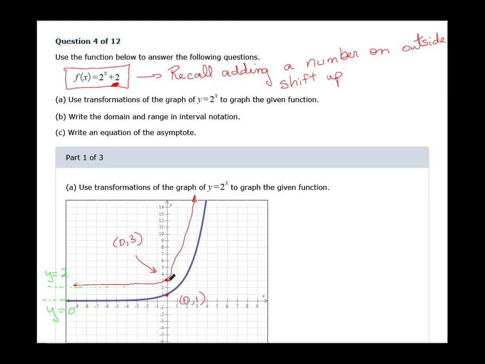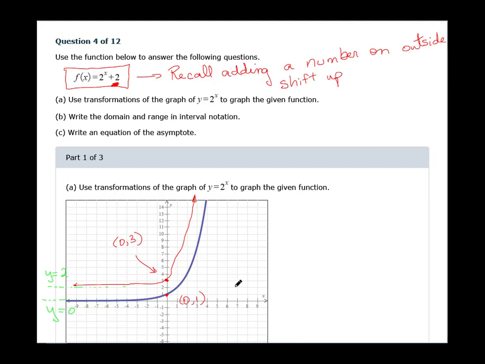The important thing is the old asymptote was y equals 0. Now it's moved up by 2. Everything moves up, graph and the asymptote. So it was y equals 0. Now it's y equals 2.